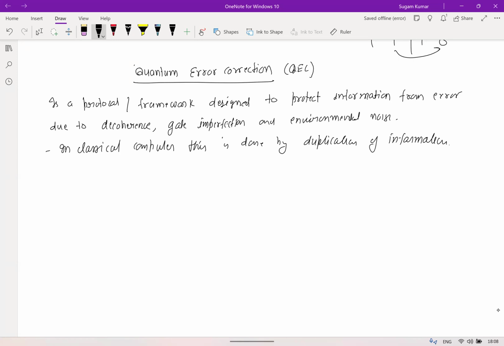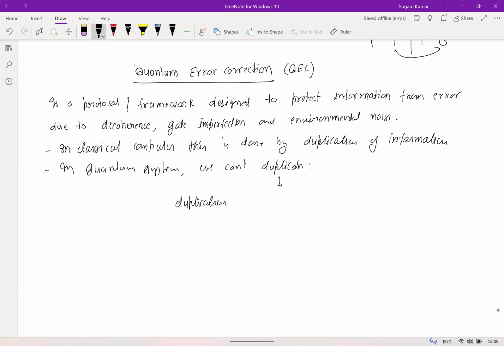But in the quantum system, there's a problem. In a quantum computer or quantum system, we cannot duplicate, because once you try to duplicate a state, and this can be done only by measuring it, that duplication is going to destroy or collapse the wave function.